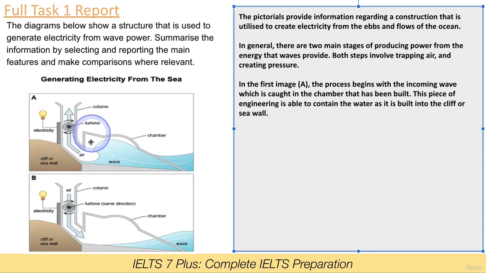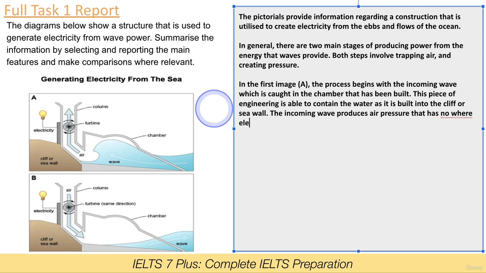Okay, so the wave comes in, it comes into the chamber, and then it looks as if this creates air pressure that heads up into the column. The incoming wave creates or produces air pressure that has nowhere else to go apart from up the column.